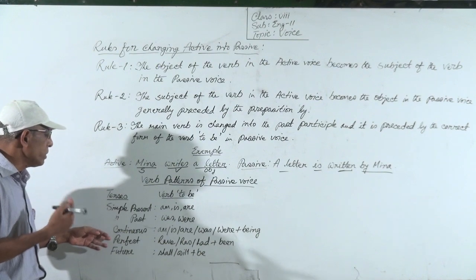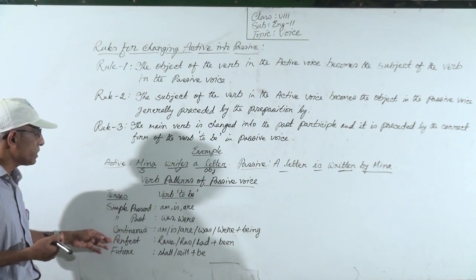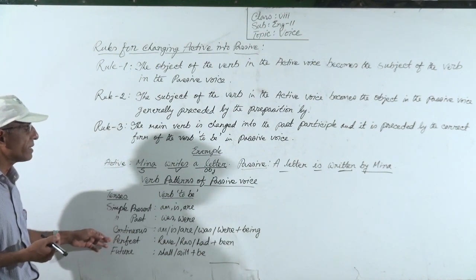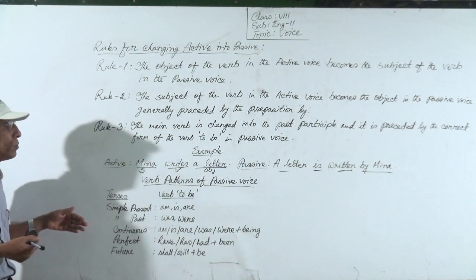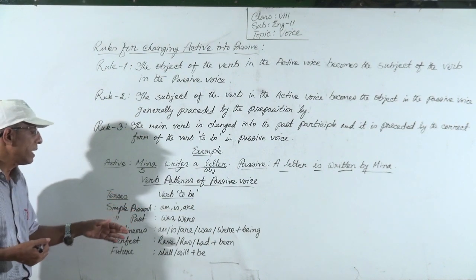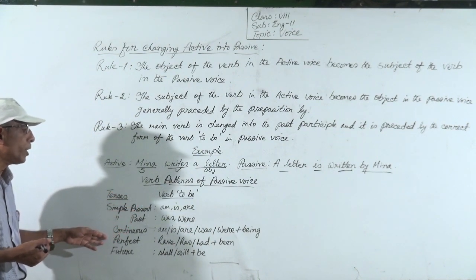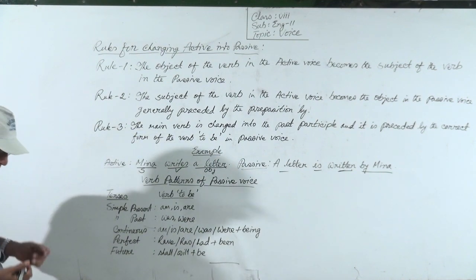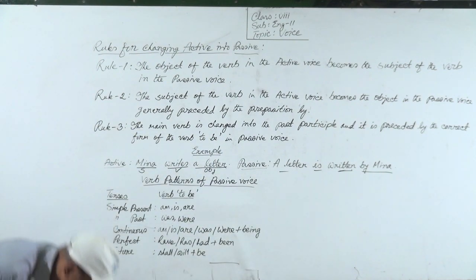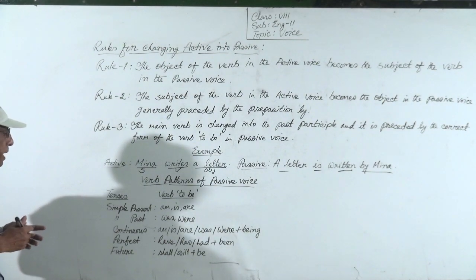And when the active voice is past perfect, then we have to use had plus been. In this way, we have to use this structure according to tense.